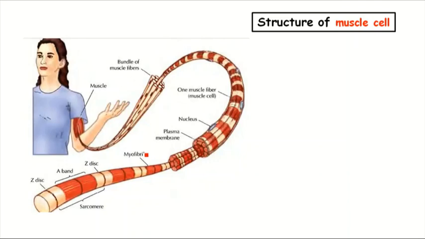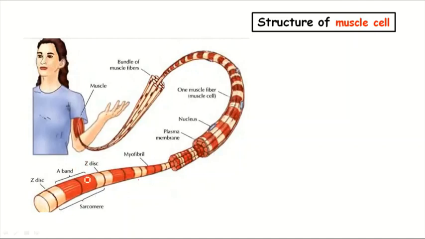And what is a myofibril? A myofibril is composed of a bundle of actin and myosin filaments. These are the contractile units of muscle. An organized chain of actin and myosin makes this sarcomere, which is the contractile unit of muscle, and this sarcomere is bordered by this Z disc.